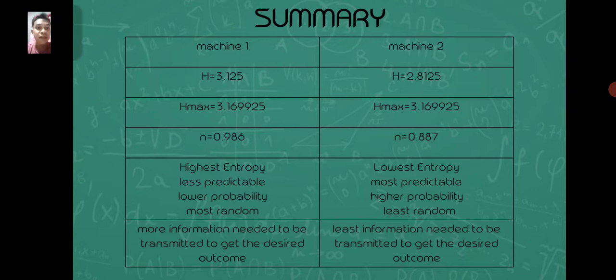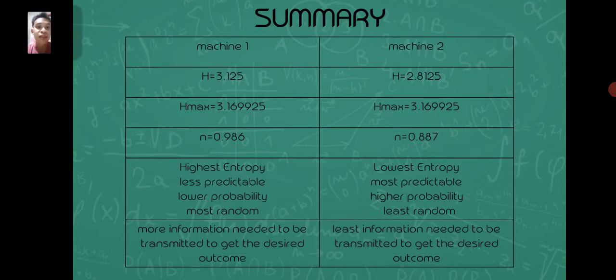To compare machine 1 and machine 2, machine 1 has the highest entropy, and machine 2 has the lowest entropy. Machine 1 is less predictable, and machine 2 is most predictable.